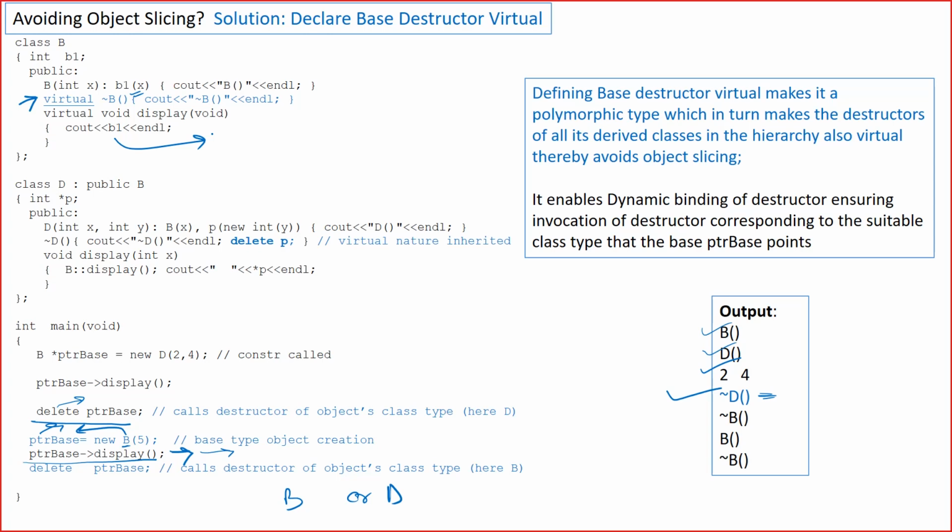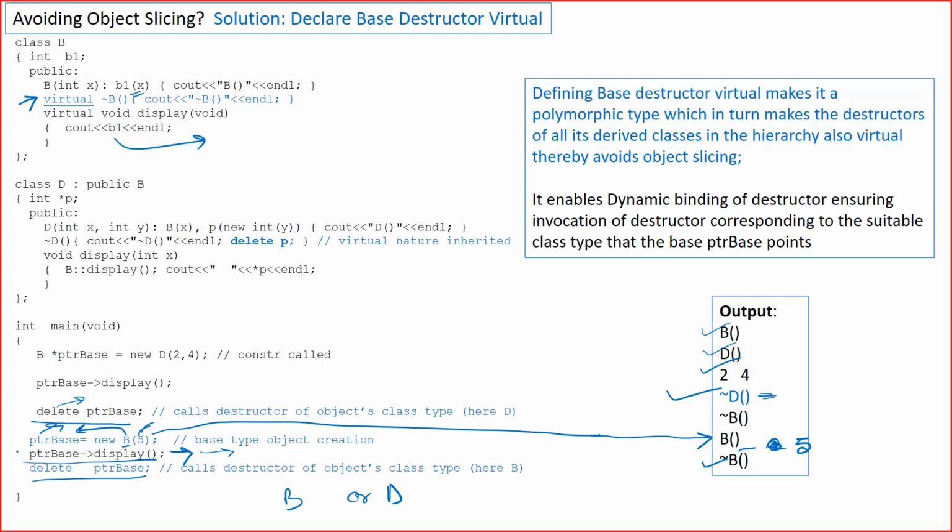Okay. So when you create this one, it actually creates this B, and then the value of B1 will be displayed. We have not passed any value to B1, yeah, 5, we have passed 5. So 5 will be displayed here, and delete is pointing to this.